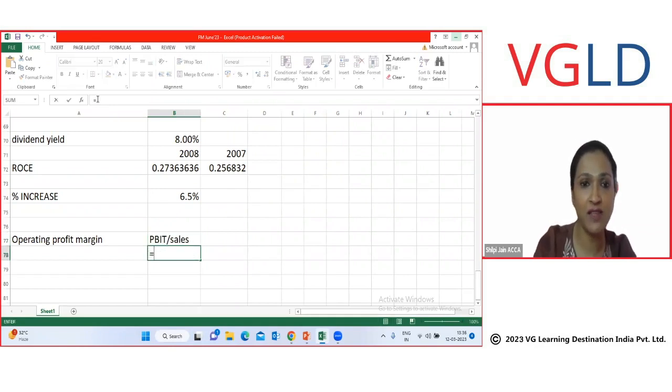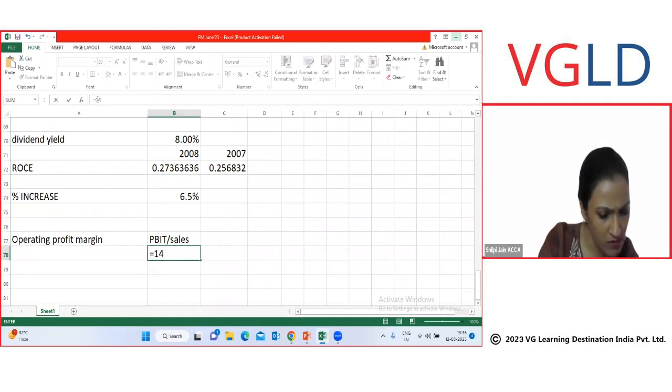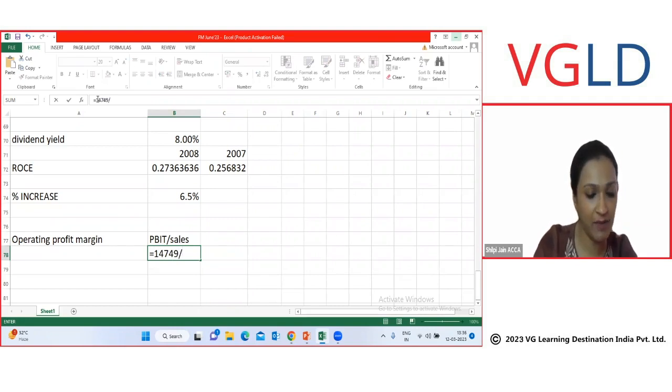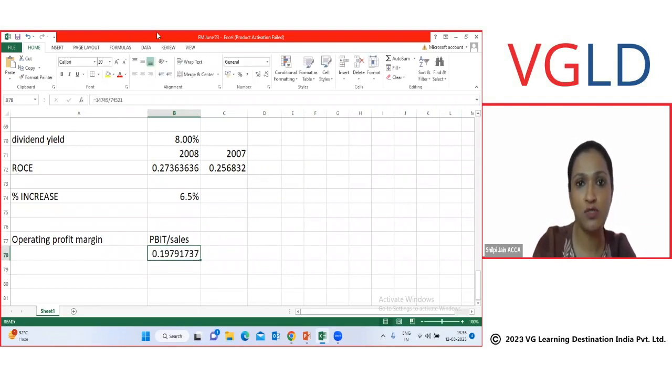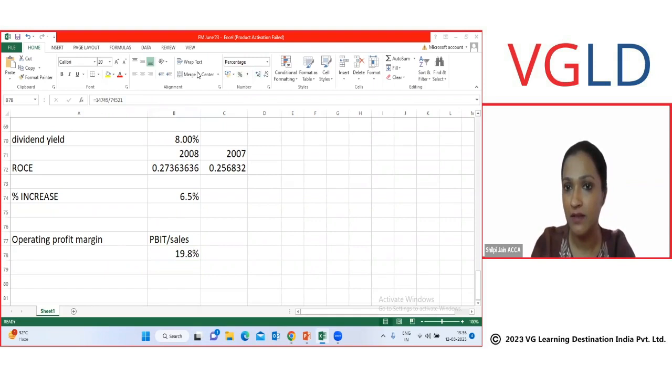Which is obviously equal to, what is my PBIT here? 14,749. I'm just taking the figures from your books, guys. Please refer to the question. Divided by sales, 74,521. 74,521, it is right, which is equal to 19.8%. Great going, guys. Wonderful.